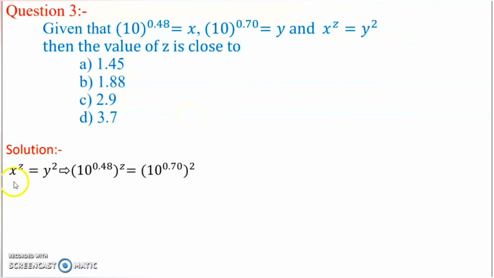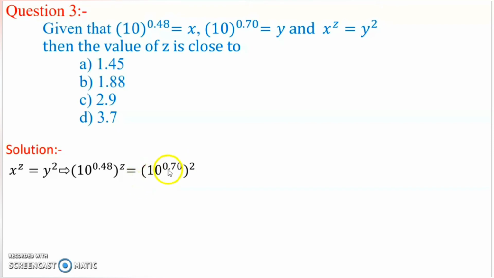So by using the relation you get x raised to z is equal to y square. So now just substitute what is x and what is y. So x is equal to 10 raised to 0.48 and y is equal to 10 raised to 0.70. So this relation will be now 10 raised to 0.48 the whole raised to z equal to 10 raised to 0.70 whole square.